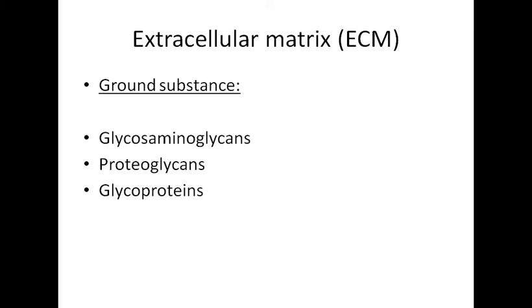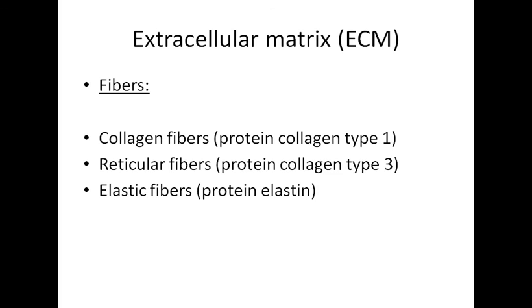In fibers we have collagen fibers, reticular fibers and elastic fibers. The composition of these fibers is usually asked: कि collagen fibers में कौन सा collagen type होगा, that is type 1. Reticular fibers में collagen type 3 होता है along with the reticular fibers, and elastic fibers में protein elastin is there.